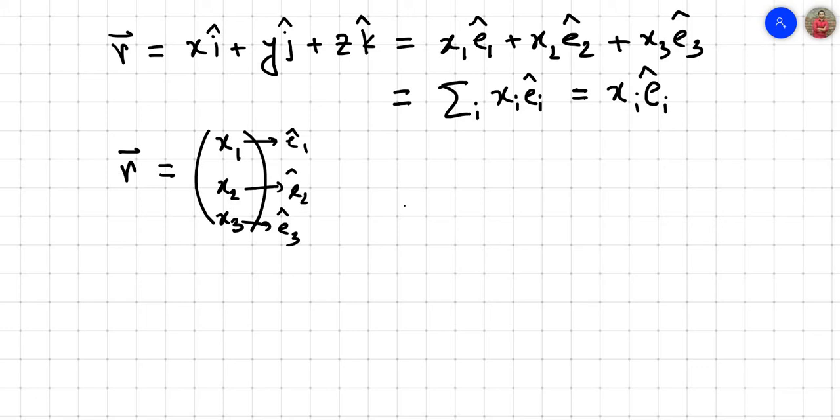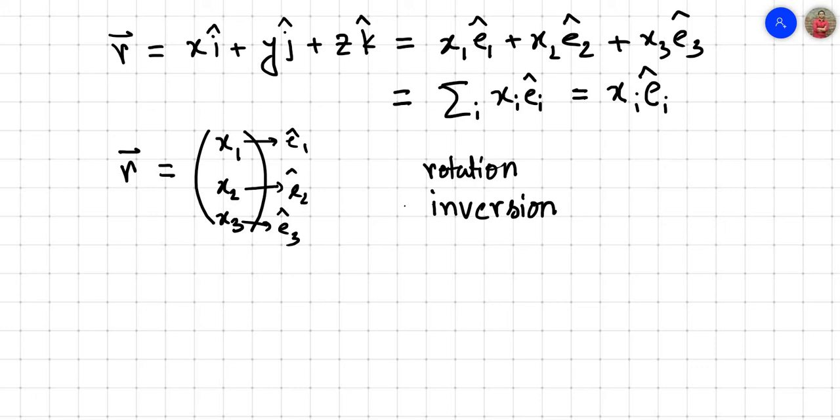Now, the coordinate transformation we are talking about, as I have said earlier, can involve rotation and inversion. So let me give you a quick example of both of these kinds of coordinate transformation that do not change the magnitude or the norm of a vector.